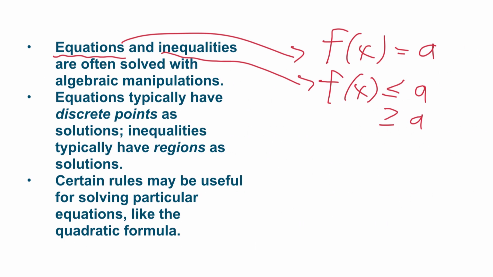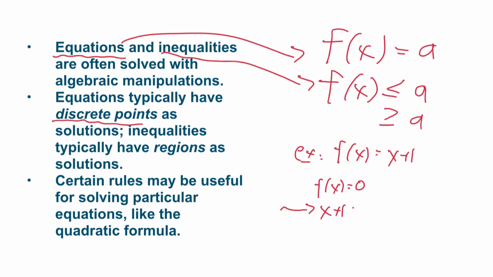So how do these solution sets differ? That is, if I give you something like f of x equals a, what would you expect to get as a solution? Well, you would expect something like a discrete set of points. So finitely many points are typically solutions to equations. So for example, let's be real simple and say that f of x is equal to x plus 1. And I want to solve the equation f of x equals 0. Well, okay, I can do this with some nice algebraic manipulations.